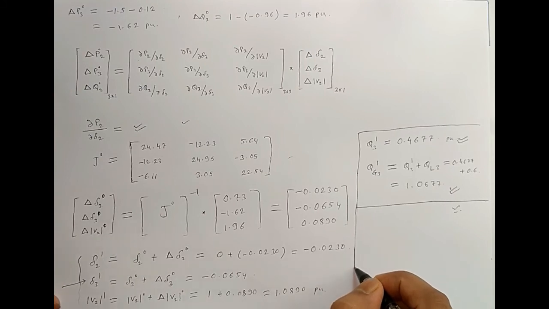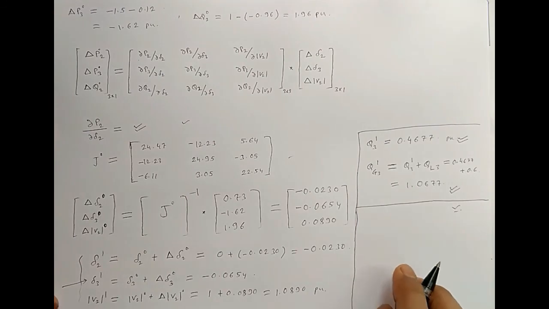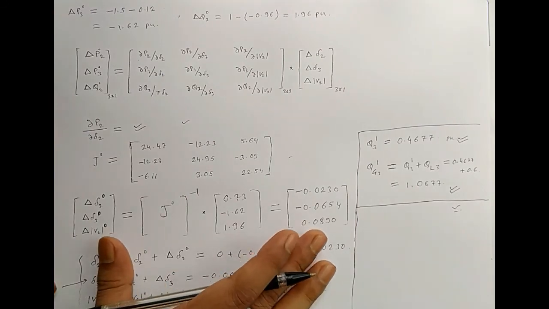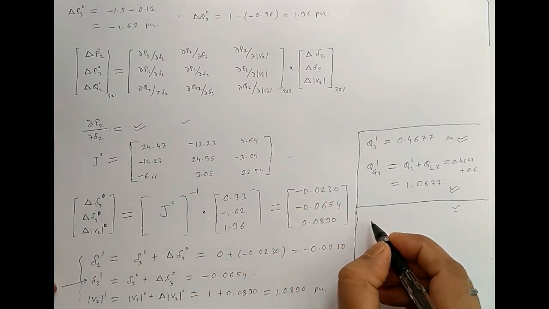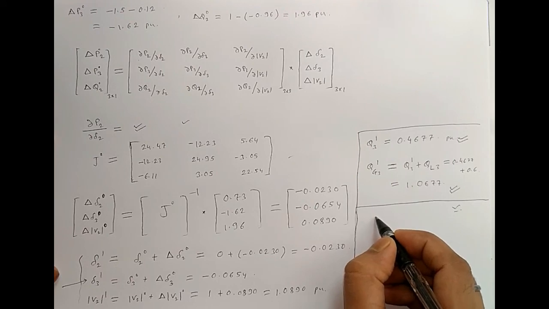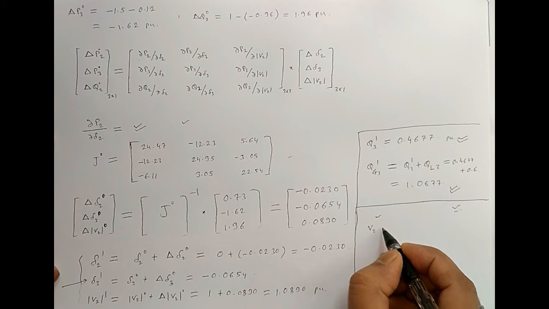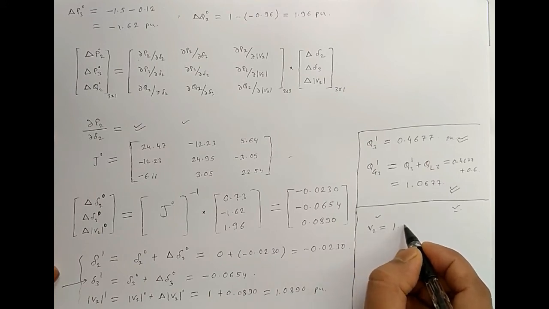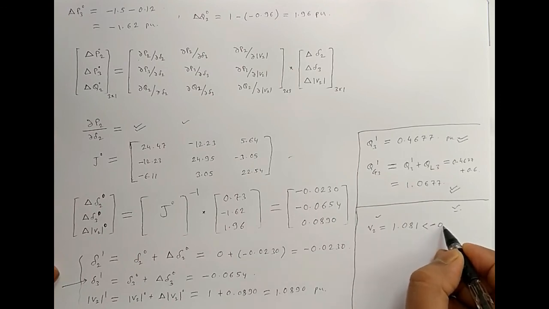It is very difficult to perform the whole thing again for all the iterations. By solving using MATLAB, it is found that the system converges within 3 iterations, and after the 3 iterations you will get V2 equal to 1.081 angle minus 0.024 radian.